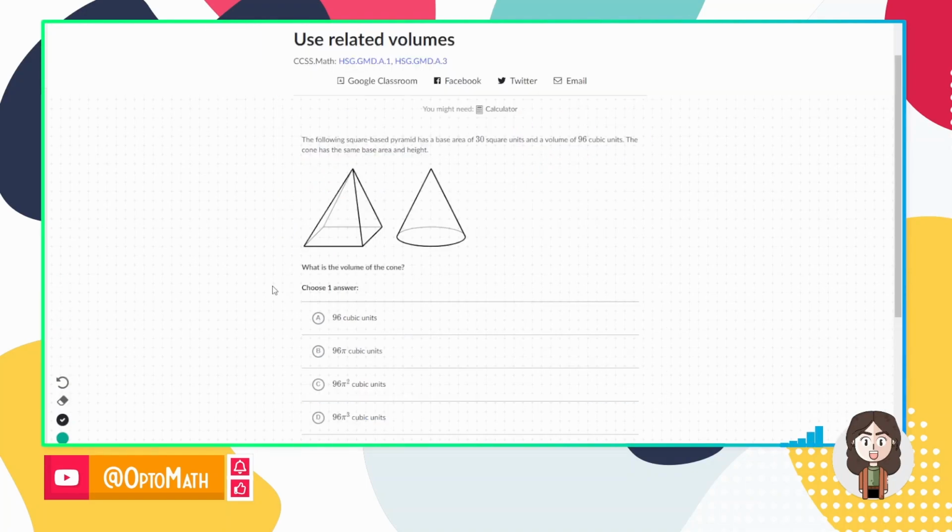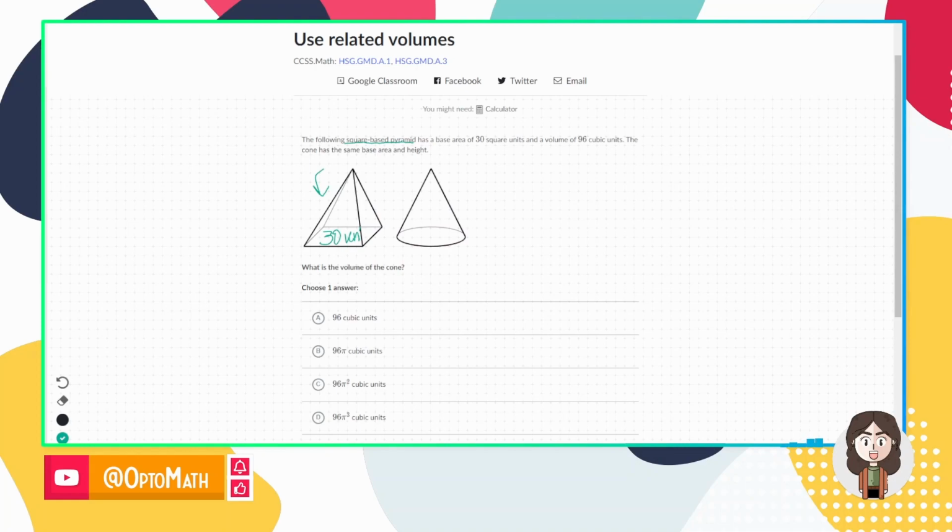Let's do some more on this assignment. Use related volumes. So this next question says, the following square-based pyramid. So this is the square-based pyramid. Let's underline color code there. Has a base area of 30 square units. So let's write that in. 30 units squared.